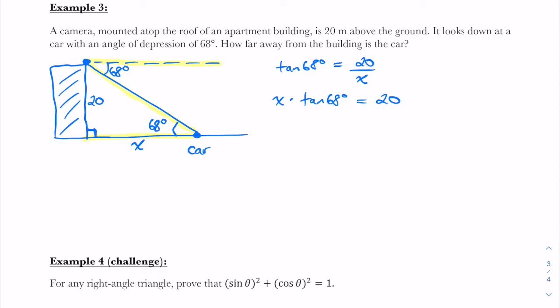And then to solve for x, you divide both sides by tan of 68 degrees. In this case, the tan 68s cancel out. Remember, you treat it just like a number, which it is. And therefore, x is equal to whatever 20 divided by tan 68 is. Try it out. You should get approximately 8.1. And I guess we're all set to write a therefore statement.